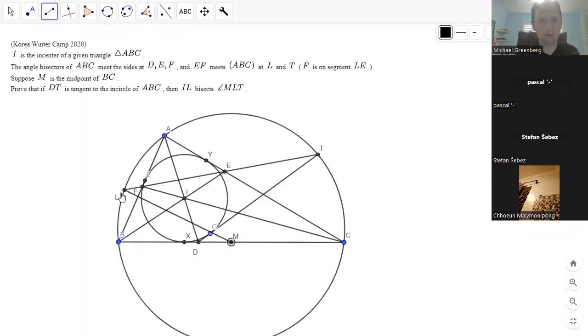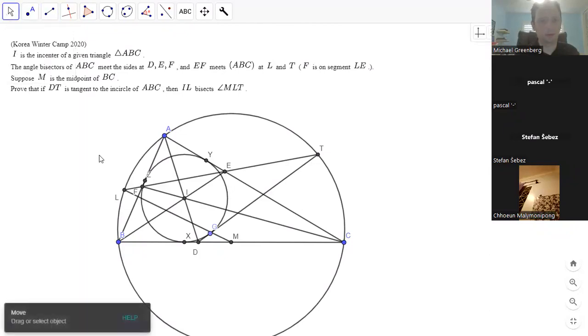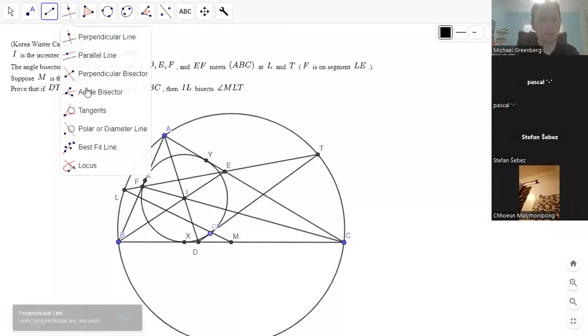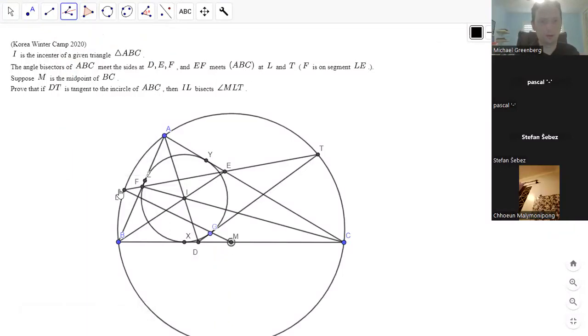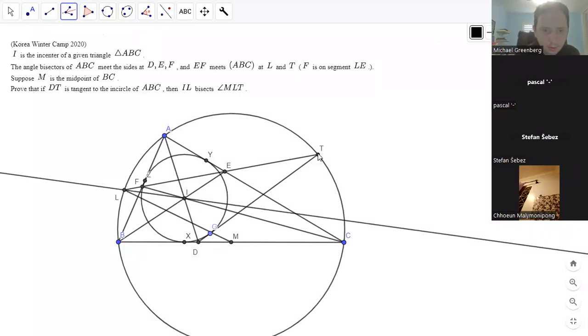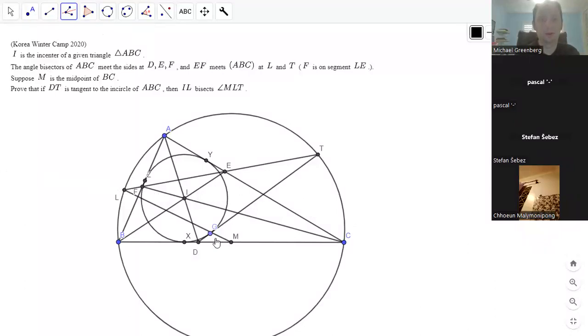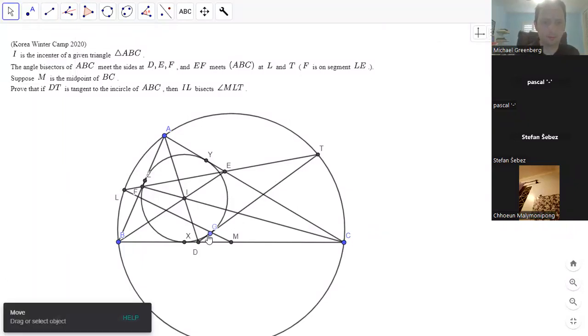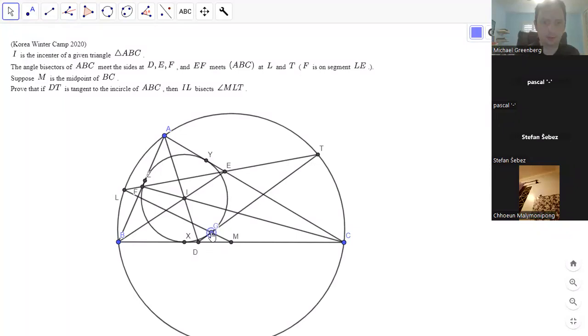I wonder if in that case MG and L would be collinear. Let's see. I draw the angle bisector. So yeah, that looks like it passed through I. But I'm not sure if ML would pass through point G. Maybe it does though. So it's hard to tell. Yeah, I think the diagram is close at least.